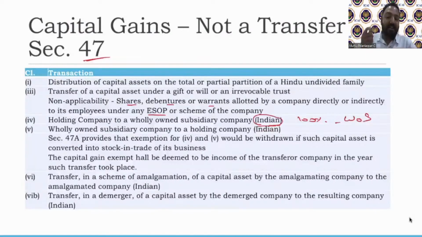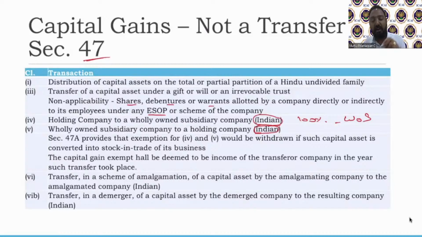Any transfer between the holding company and this wholly owned subsidiary is not a transfer. Okay, that's the first thing. Second thing, wholly owned subsidiary transferring to the holding company, the reverse. In that case also, it is not a transfer. In this case also the recipient should be Indian. So the recipient here is a holding company.